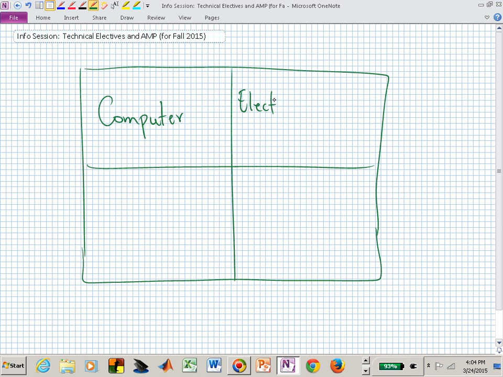We have an electronics and bio piece. We have an electromagnetics and optics piece. And we have a signals and systems piece. Those are the classifications or categorizations of the classes.